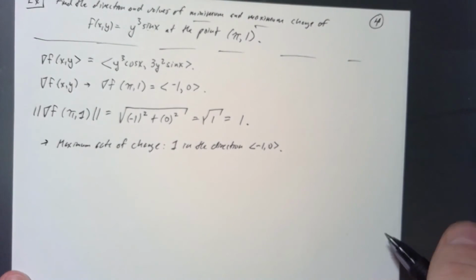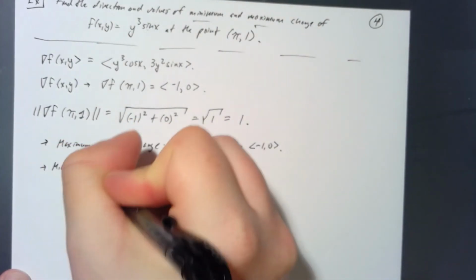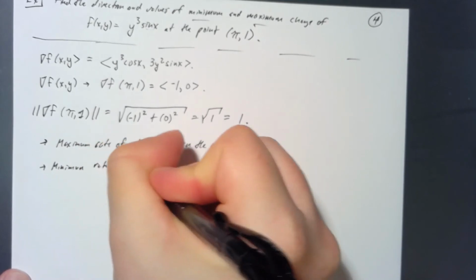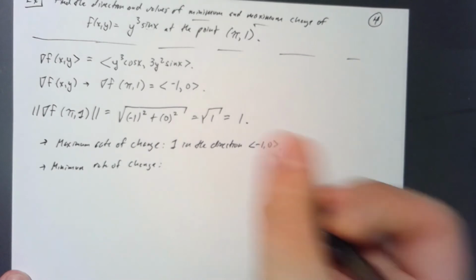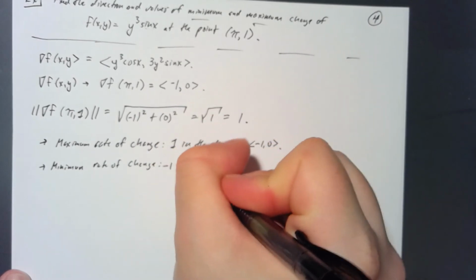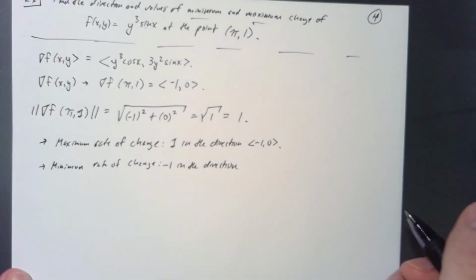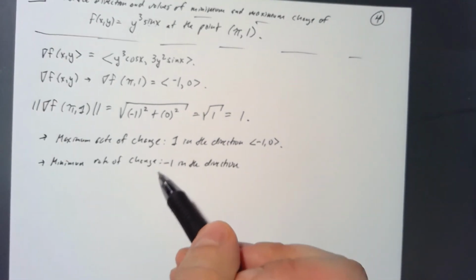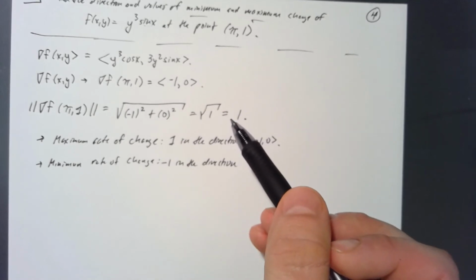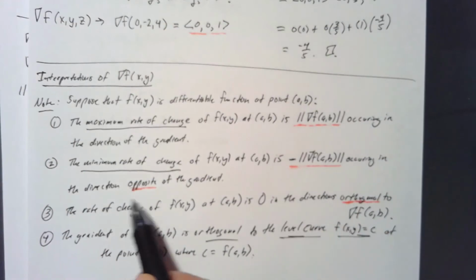And then the minimum rate of change is the opposite of that, so it's -1 in the direction of the opposite of the gradient.